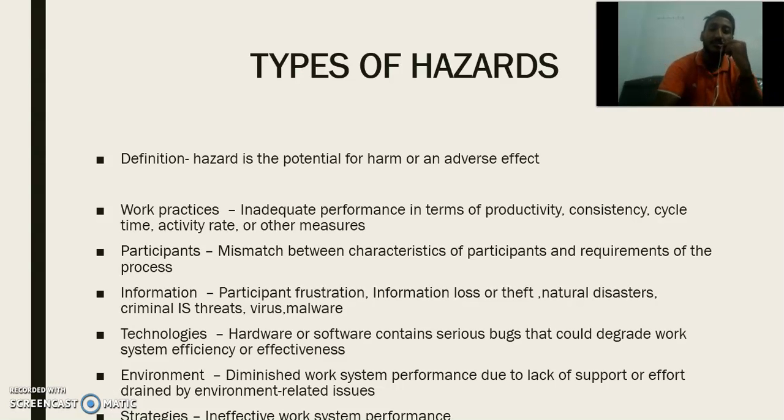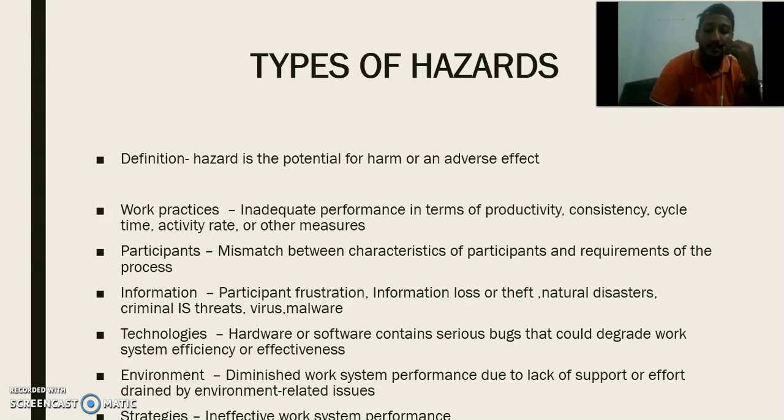Then the participant hazards. Participant hazards occur when there is inadequate skill and understanding, and inability or unwillingness to work together to resolve conflicts, which affects the mismatches between the characteristics of participants and the requirements of the processes. The next is information hazard.